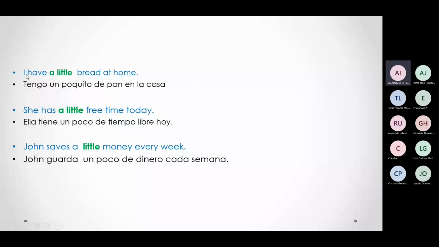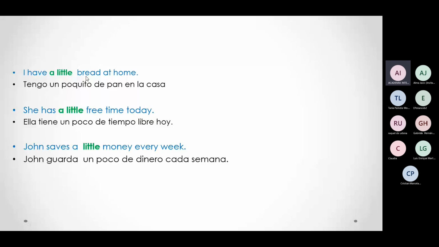Number 1. I have a little bread at home. Thank you very much. I remember that on Thursday I mentioned that bread is an uncountable noun because we cannot say breads. ¿Se recuerdan la forma en la que les dije que podíamos decir porciones de pan?